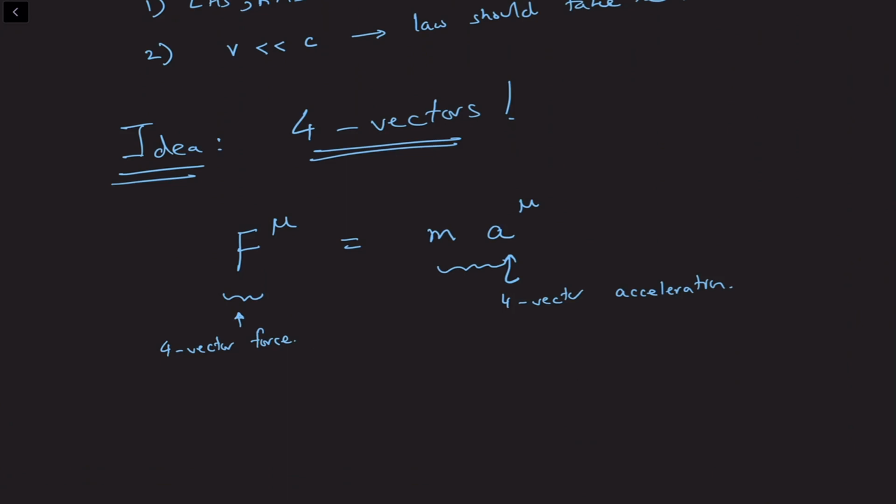We don't quite know what this four-vector force is, but we can guess that the form of the law should take some form like this. So this is a guess for the form of the law.